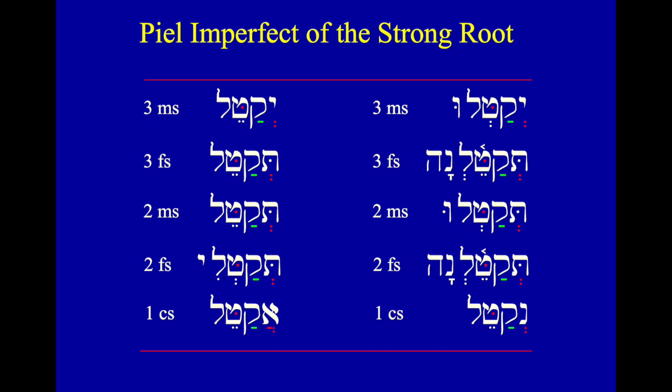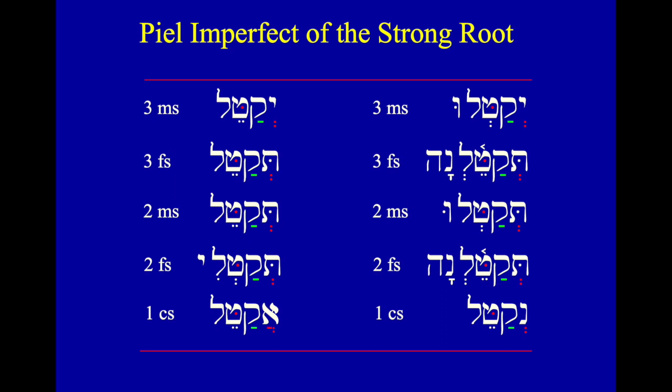Notice that schwa underneath all of your preformatives. Remember, for a Piel participle, we added a mem with a schwa underneath it as our marker of the Piel participle. Well, check this out. This is our marker of the Piel imperfect, our schwa underneath our imperfect preformative. So the preformative is the same for the imperfect for the Qal and the Hithpael and the Piel, and it'll be the same for the others too.